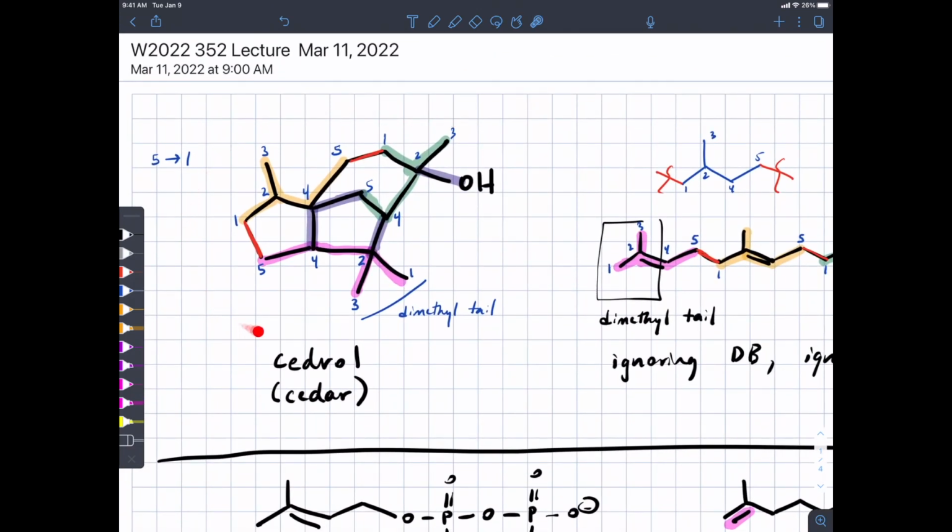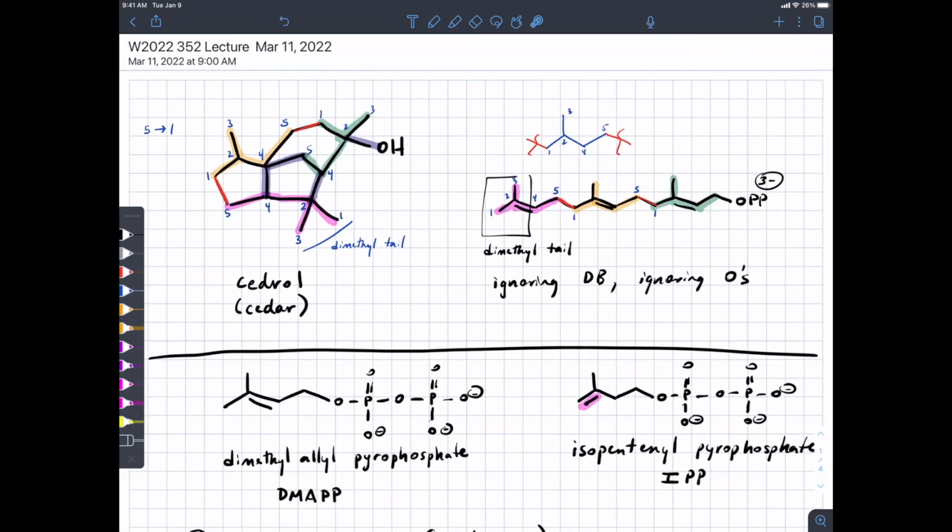For fun, see if you can draw a mechanism that would form cedrol from this precursor farnesyl pyrophosphate. I'll put it in the notes, but it would be worth trying. Hint: to get the OH group there, you're going to need a positive charge on carbon 2 that water will attack. Other connections you're going to make as alkenes attack carbocations. Good luck, and may the force be with you.